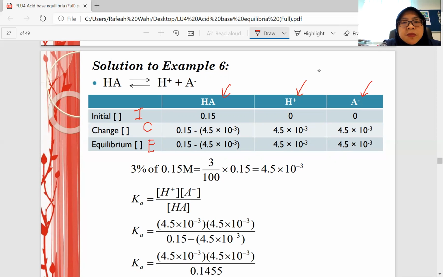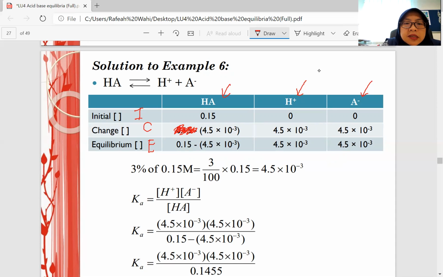Okay. And then what happens during the change of concentration? During the dissociation process, how much is the change of concentration? Let me cancel 0.15 here so that you don't get confused, because the change in concentration only refers to X, which is the amount given out by the weak acid to the product H plus ion and the conjugate base.